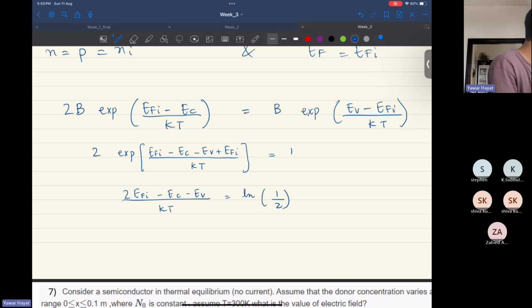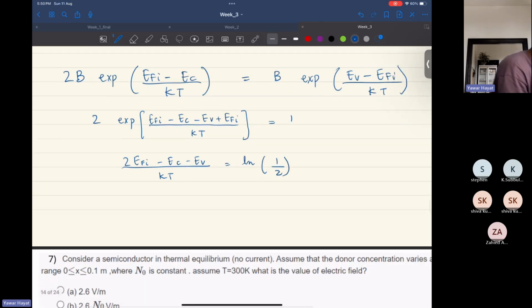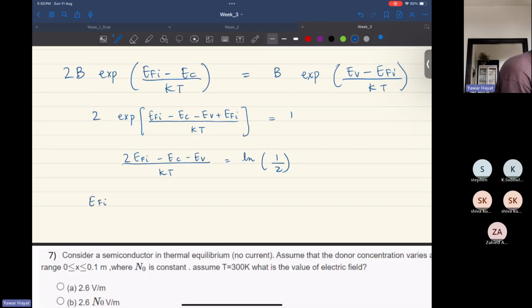And then it's manipulation. This is EFi. You can express that as (EC plus EV) whole divided by 2 plus KT ln of half.